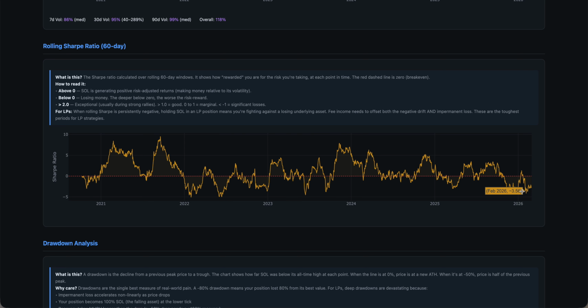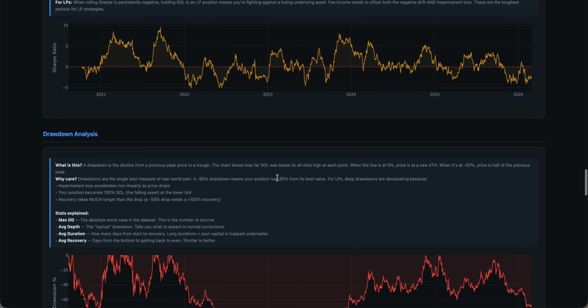But the best strategy is to use wider ranges, at least 20% ranges in this case, for your main positions, main capital, so you are staying in range long enough and you don't have to do frequent rebalancing and lock in the impermanent loss when Solana itself is on a negative Sharpe ratio, okay?